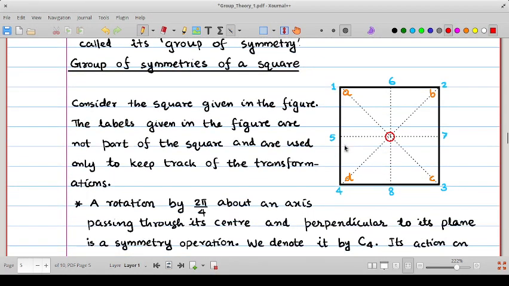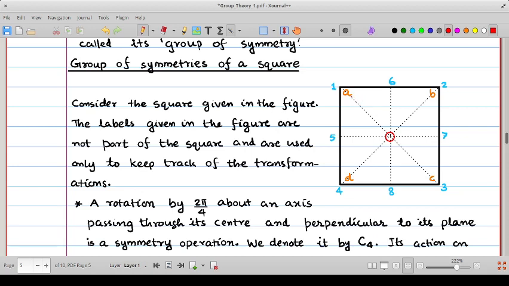Now we examine the symmetry group of a square in detail. The square is represented by this, and I have given labels A, B, C and D to the vertices, and these are not part of the square.